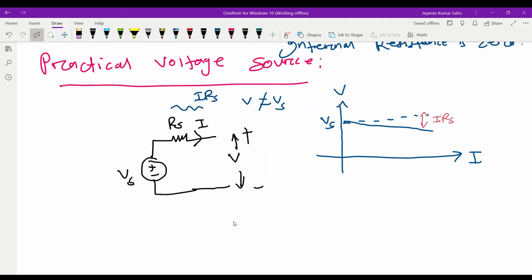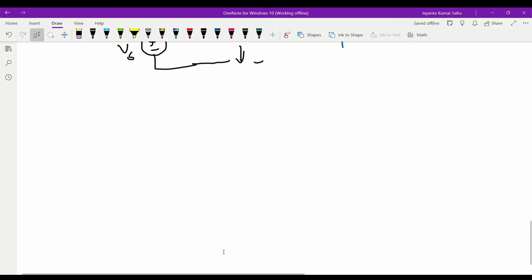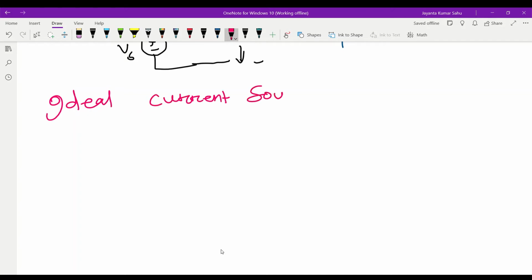After that, we discuss the ideal current source. A current source is always represented by an arrow symbol.